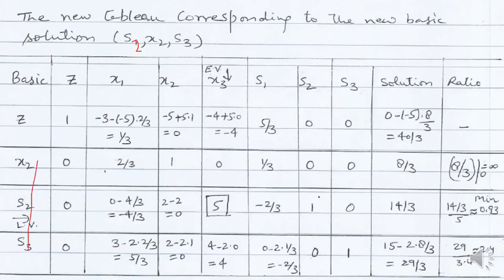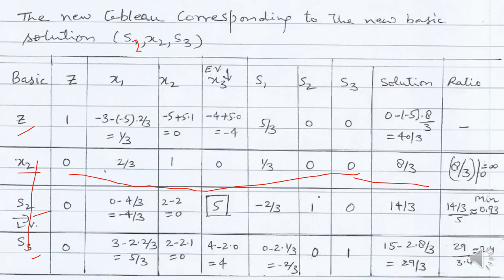We see that X2 has entered, and we have obtained this row by dividing the current row by 3. So the pivot row has been divided by 3 and we got this row. With the help of this row, we will write the elements of the Z, S2 and S3 rows. So let's see how we have done the calculation.